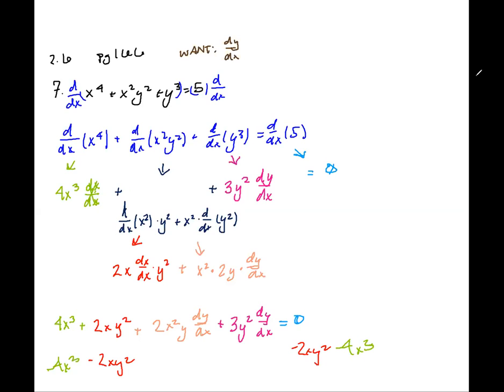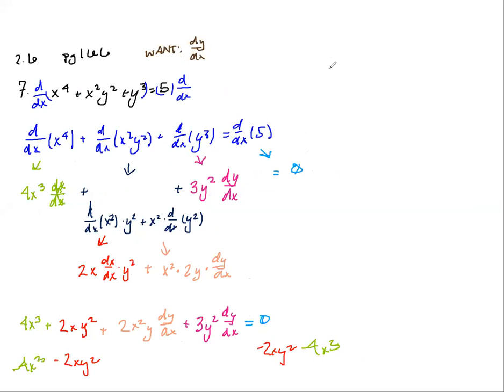We will end up with something that looks like this: 2x squared y dy dx plus 3y squared dy dx is equal to minus 2xy squared minus 4x cubed.